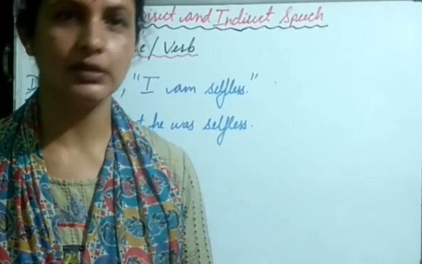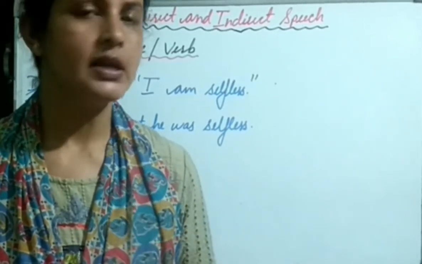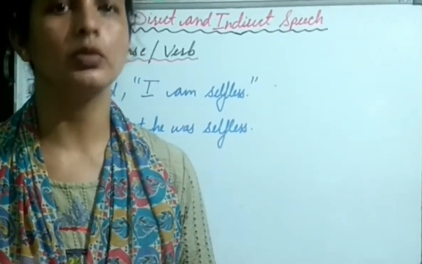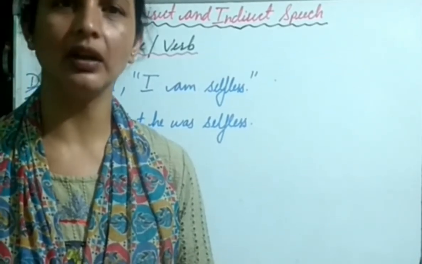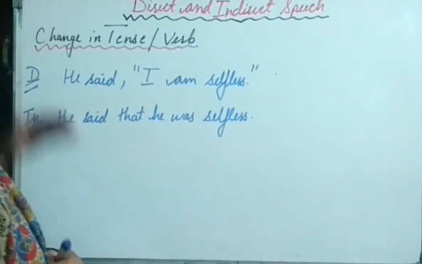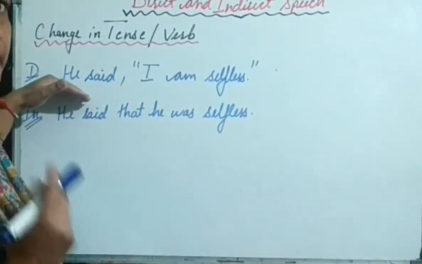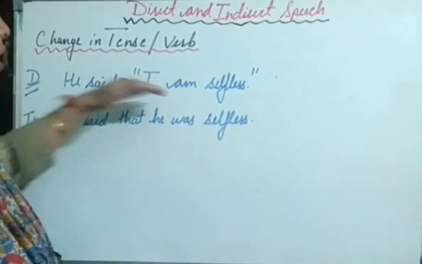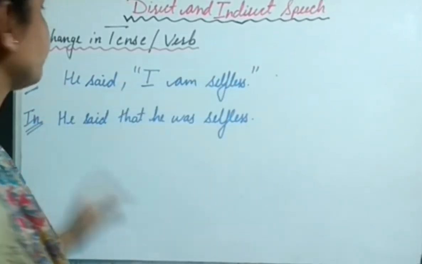Now we will discuss when tense or verb changes in reported speech. This we will understand with the help of an example. This is an example of direct speech. He said, I am selfless.